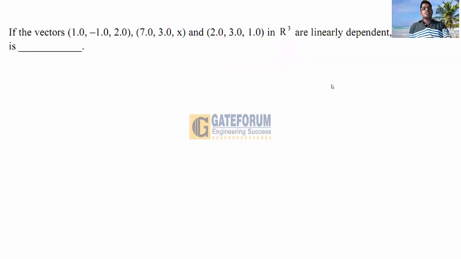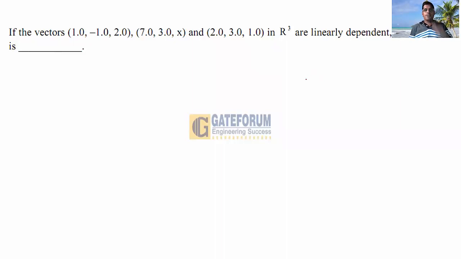The question is: if the vectors (1.0, minus 1.0, 2.0), (7.0, 3.0, x) and (2.0, 3.0, 1.0) in R cube are linearly dependent, the value of x is.